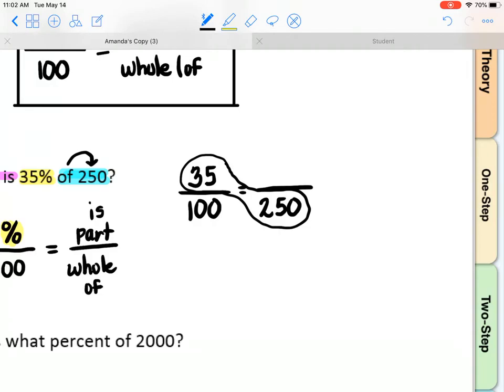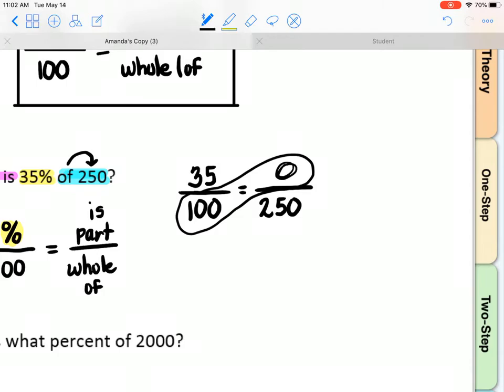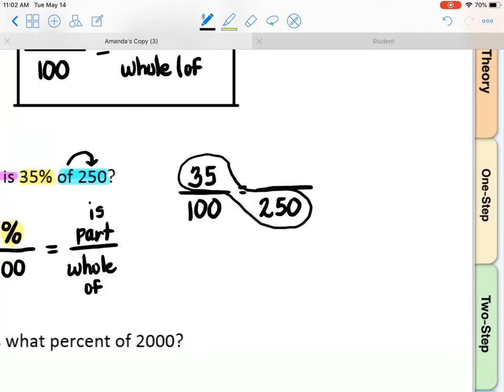Now let me show you why I can't draw it the other way. If I draw it this way, there's nothing here. So that's not going to work. I need to draw the peanut, the ring, around two numbers. And you always, always, always multiply a peanut.